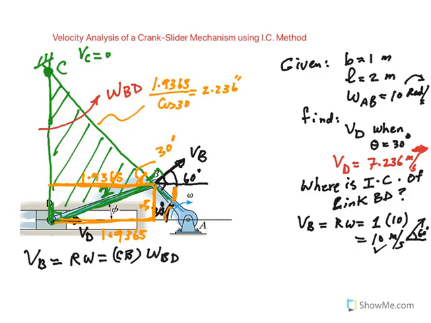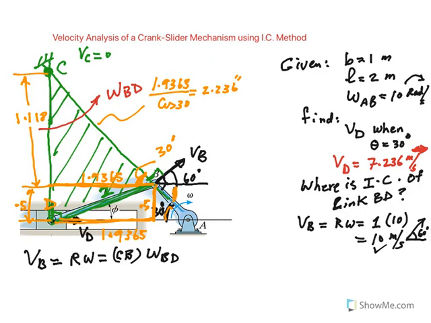So I find CB. Furthermore, I later need the distance from D to C, DC, to find the velocity of D. Once you have this hypotenuse, 2.236 times sine 30, this becomes 1.118, half of the hypotenuse, because sine 30 is 0.5.